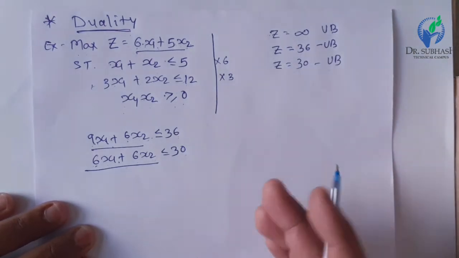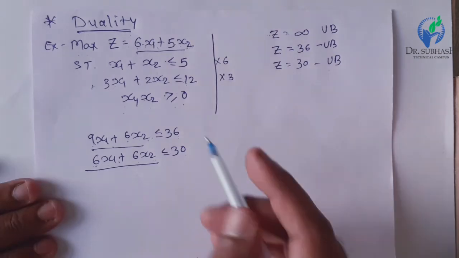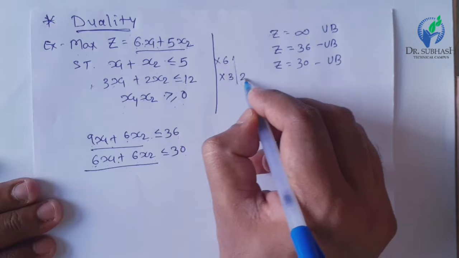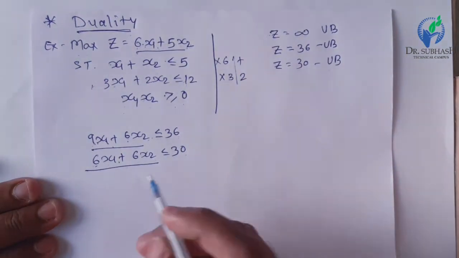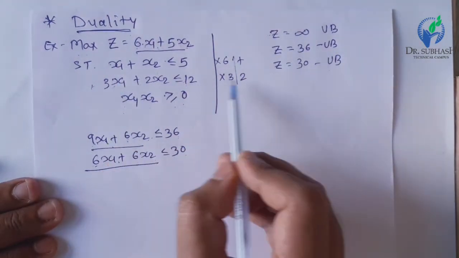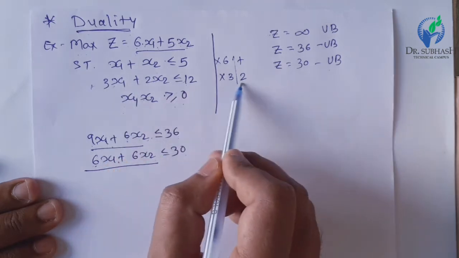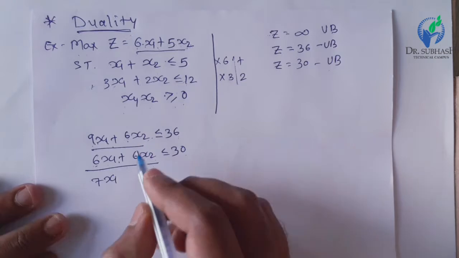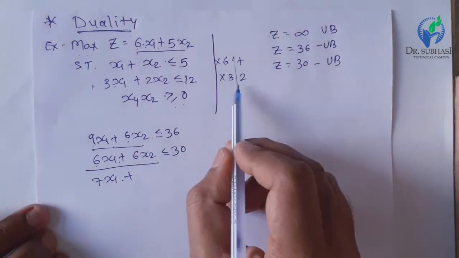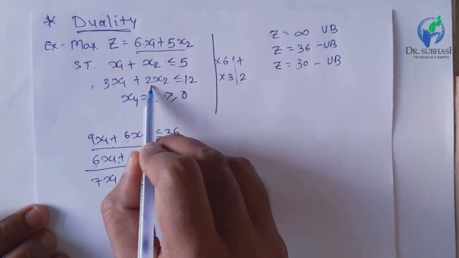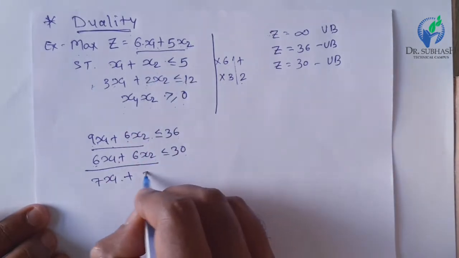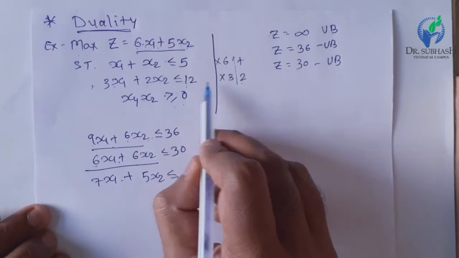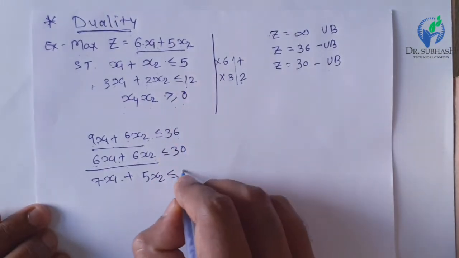Now let us consider another way. We will multiply the second constraint by 2 and add it to the first constraint. So 3x1 multiplied by 2 is 6x1, plus 1x1 gives 7x1; 2x2 multiplied by 2 is 4x2, plus 1x2 gives 5x2; and 12 multiplied by 2 is 24, plus 5 gives 29.